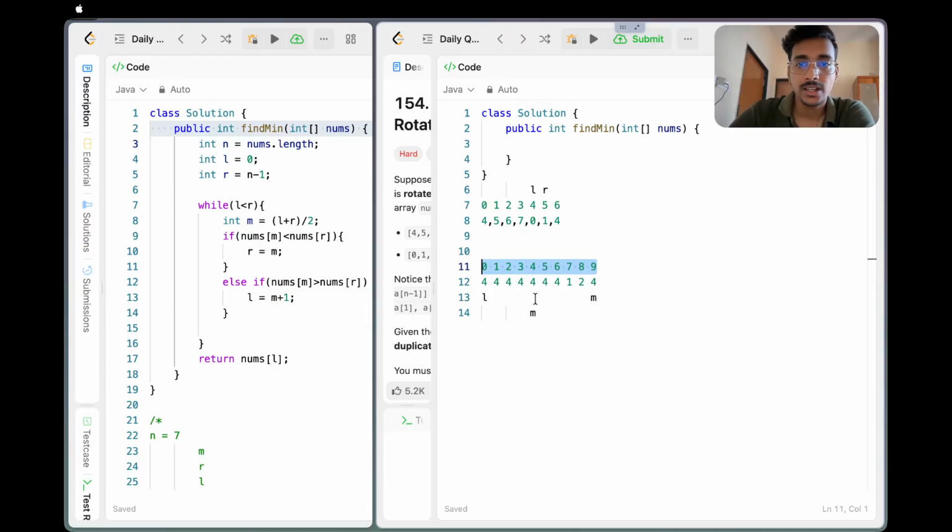Okay, and yeah, I can say now this is a very tricky problem.